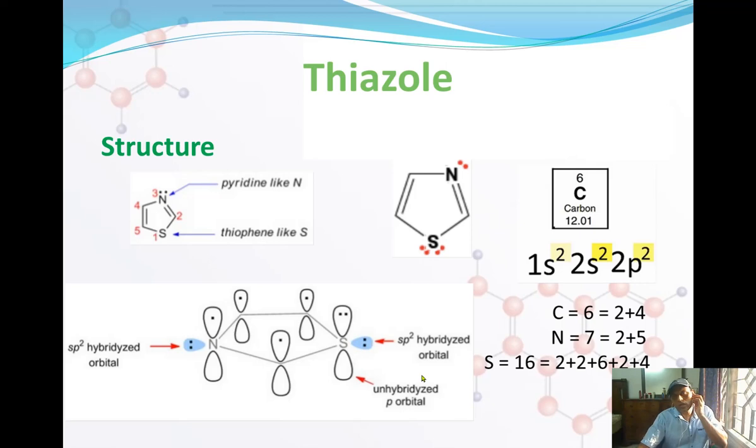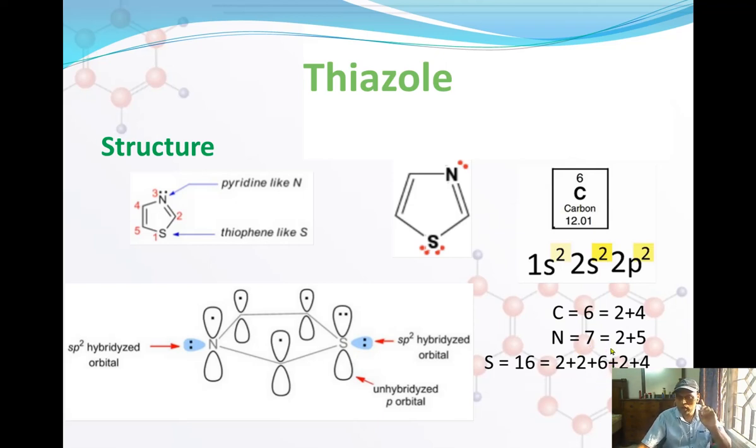So next one is sulfur. Sulfur has atomic number 16, which means 16 electrons. As you can see here, the distribution: the 1s orbital, the first principal level or shell, is going to have 2 electrons, and the next shell, shell number 2, is going to take 8 electrons.